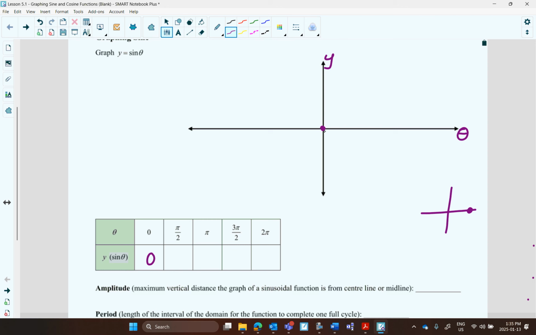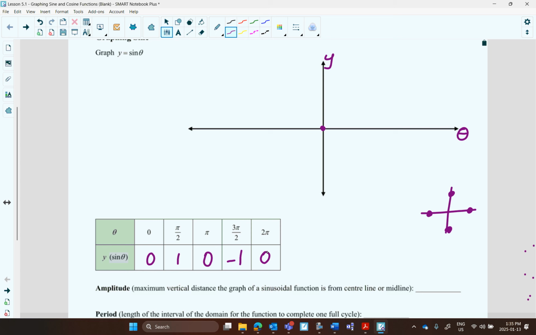Okay? What's the sine of pi over 2, which is up here? 1. Now we're going to jump here. What's the sine here? 0. Then we're going to go down to 3 pi over 2. -1. And then we're going to come back where we started and complete the cycle.